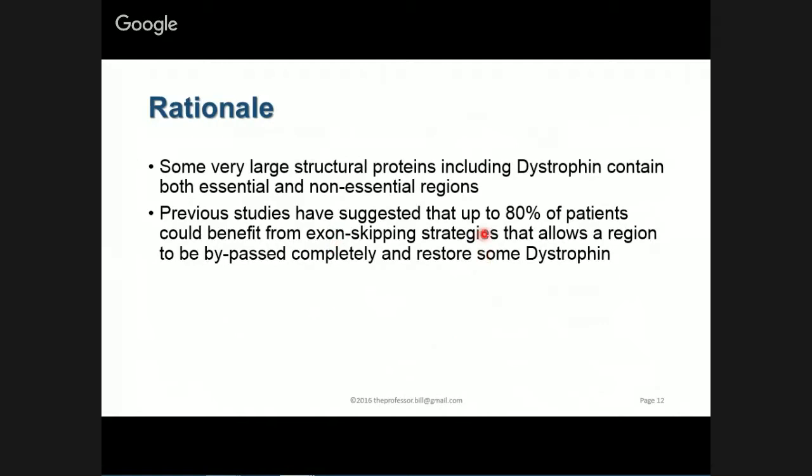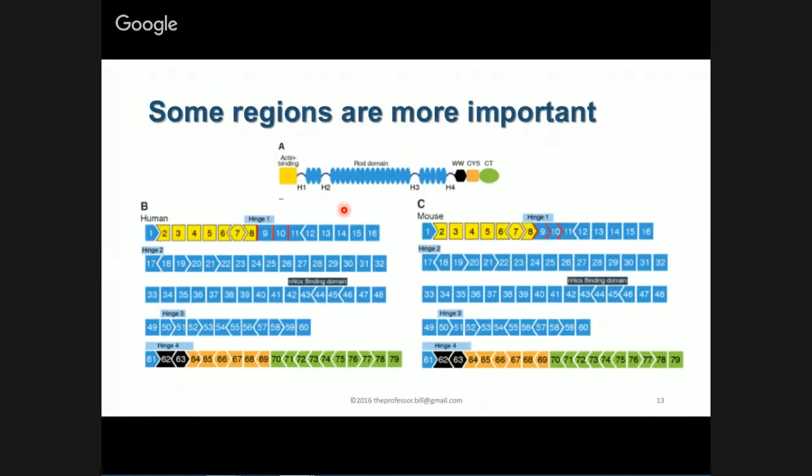Other studies, not in this paper and not in any of the 3 papers that I showed you earlier in Science, but other previous papers, have suggested that if you could engage in exon skipping, where you are able to get the ribosome to get past a nonsense mutation, or to eliminate a stretch, patients might actually benefit from having these smaller versions that don't have these non-essential regions around anymore in this particular context.